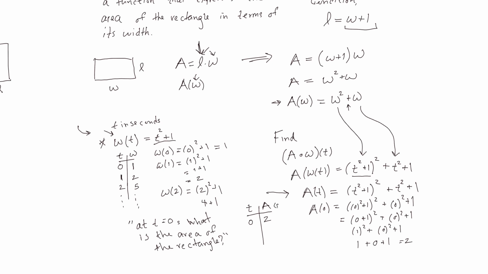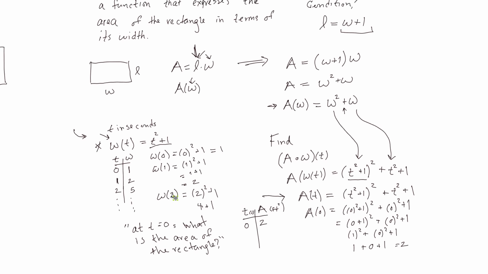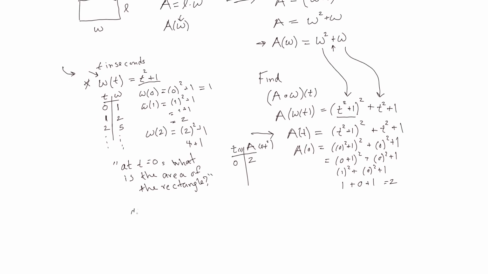The units here would be square feet. The units for t are in seconds. Let's do another one. How about, what is the area of the rectangle when t equals 2 seconds?